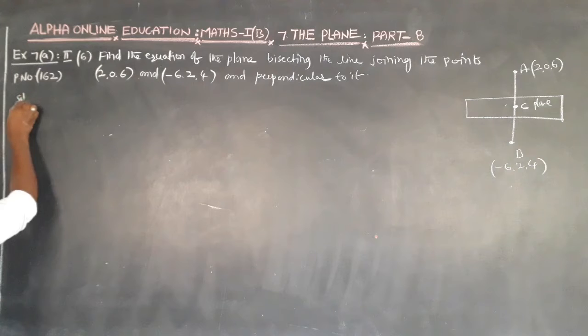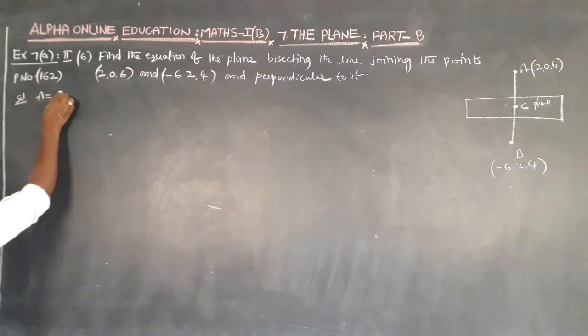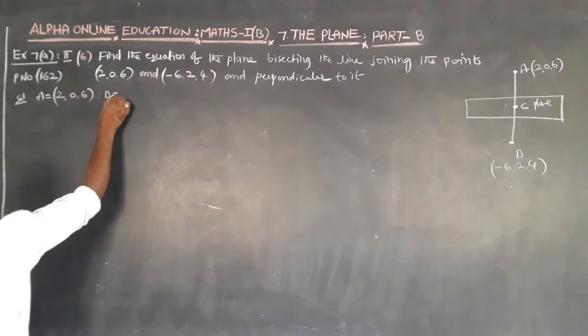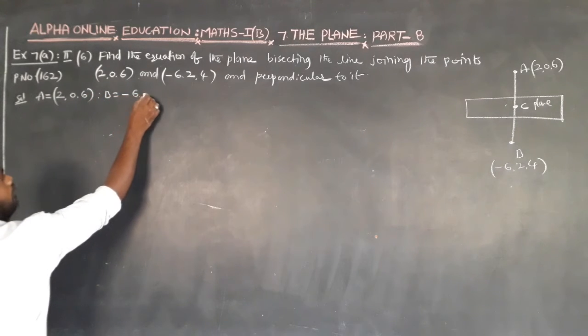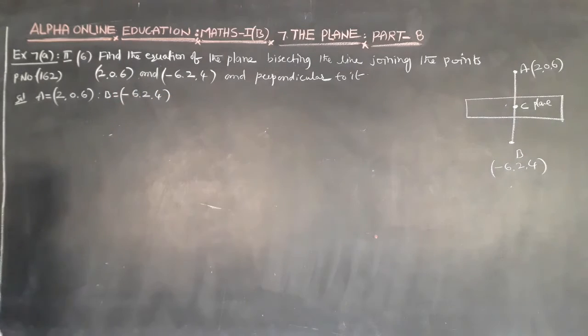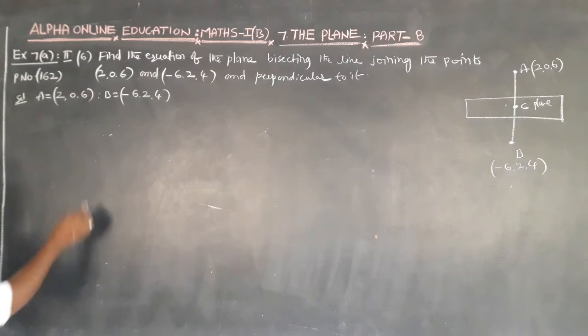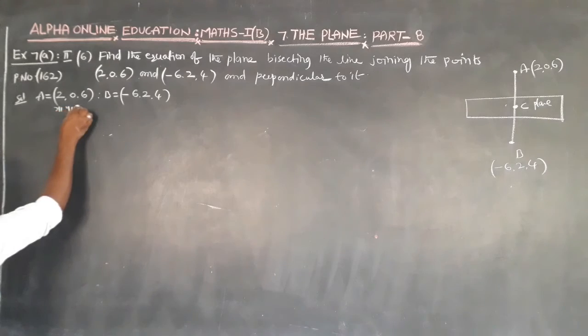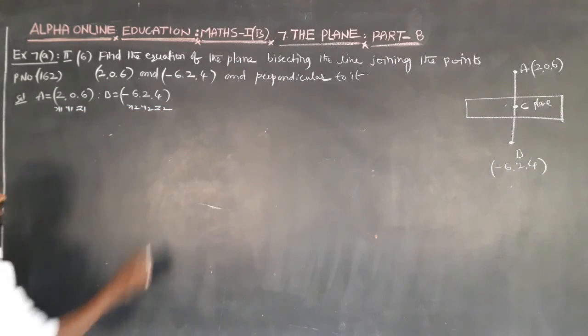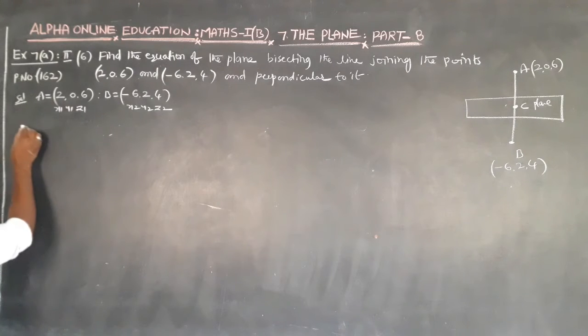So first of all, find the midpoint of AB. A is the point 2, 0, 6, B is the point minus 6, 2, 4. Let A be x1, y1, z1 and B be x2, y2, z2.